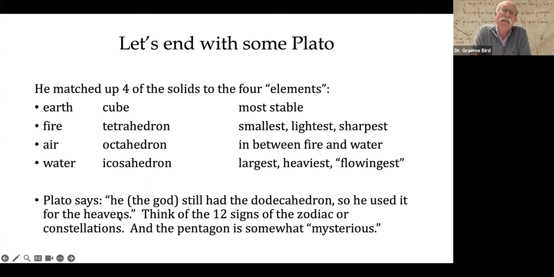So he used it for the heavens, and you could think of the 12 signs of the zodiac, the 12 constellations, which the Greeks and Romans gave really interesting names to, which are still used, like Pisces and Cancer and all of that. And I don't know about you, there's something about the pentagon. The pentagon is kind of mysterious. It's the only 5-sided one used here, and it's got this 108-degree angle. Constructing a pentagon involves the square root of 5, which is kind of a little bit mysterious. Even some people might say mystical.